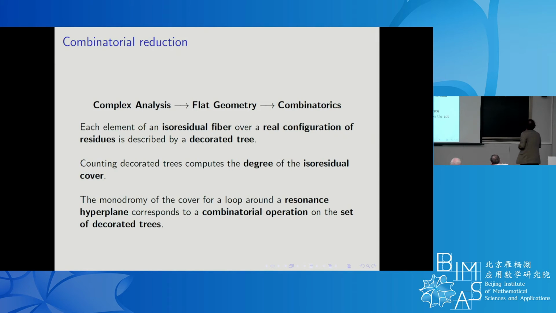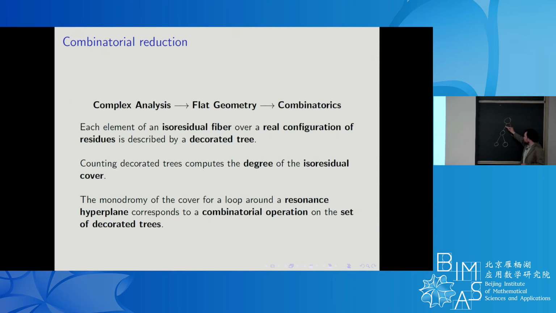I can draw a picture. This is a decorated tree corresponding to some differential. You have 5 poles, 5 domains of poles. Each one is a disk. The edges correspond to saddle connections. And these saddle connections have a period that is a partial sum of residues. So when you approach a resonance hyperplane, some of these edges will shrink, and the corresponding surface will degenerate to a nodal curve, because some edge is shrinking.